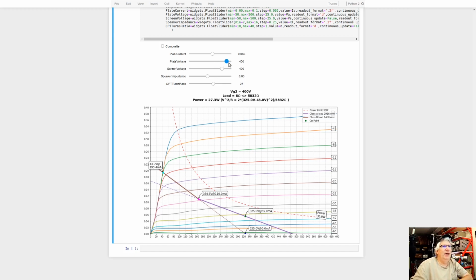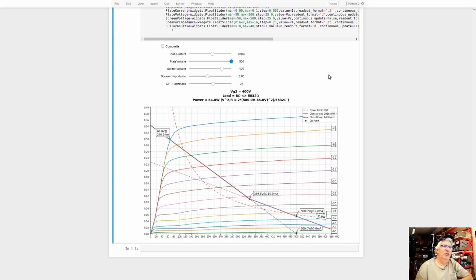So you can move it forward and you can move it back. If we put it back up, let's say we put it at the maximum level, which was 500, we move way back over there. However, when you move over this far, what you've done is you've now crossed over the dashed red line, which is the power dissipation of the plate itself, and you're going to risk premature aging of the tube, or you'll burn it out.